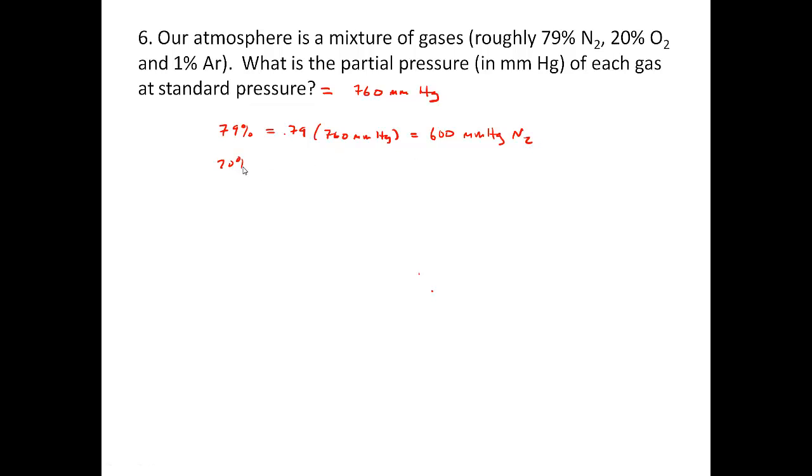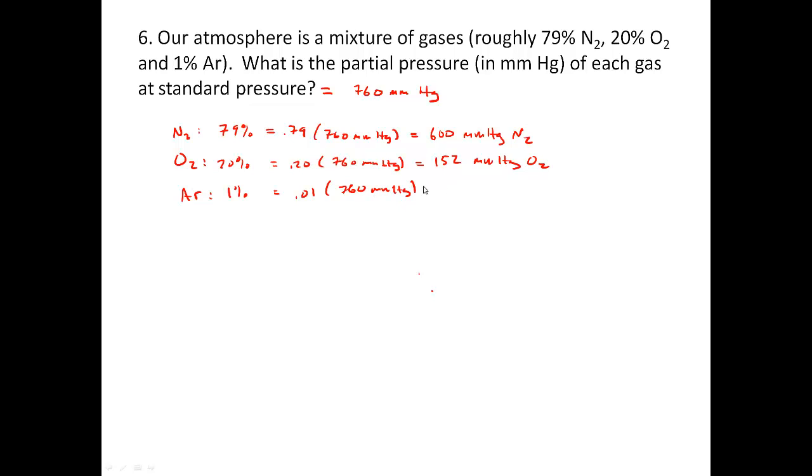All right, let's take our oxygen. So that's nitrogen. 20%, that's equal to 0.20 of our total. Quick calculation gets us 152 millimeters of mercury of oxygen. And then we got 1% is argon, 0.01 times 760.